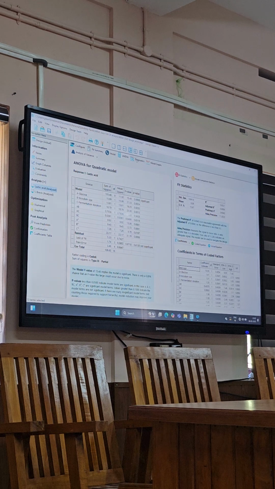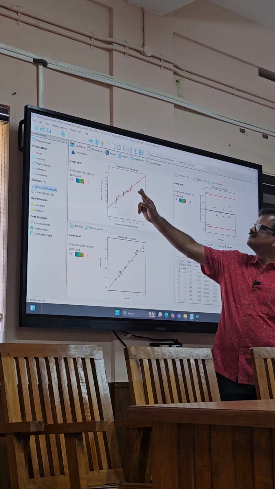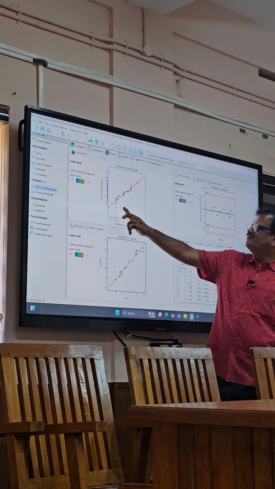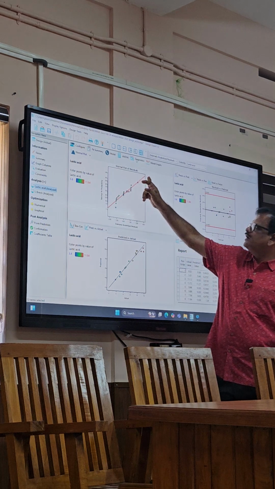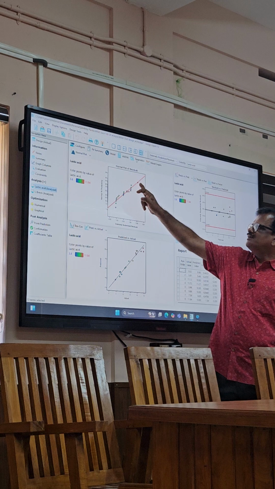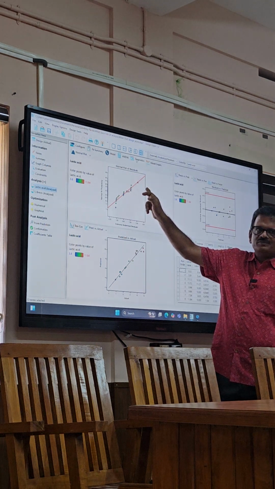Then you can go to diagnostics. Here I will tell you, if your model is not fitting, see this table. Here we expect that everything should be falling in line. There may be some value here, originally in our data.